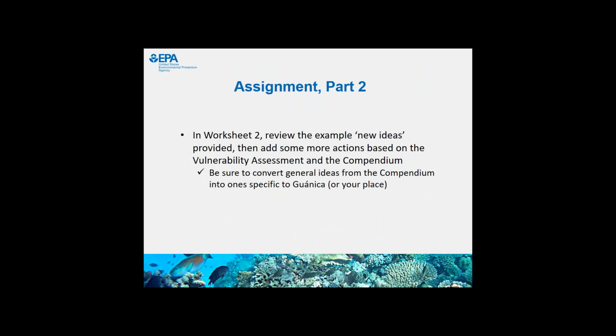In other words, the compendium contains some pretty general ideas from the literature that are just tossed out as strategies for adaptation, often never place specific because in a lit review, they're just suggestions.